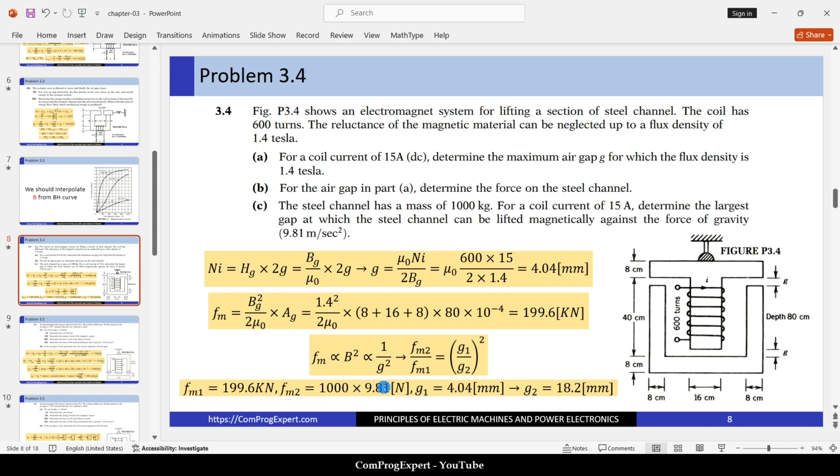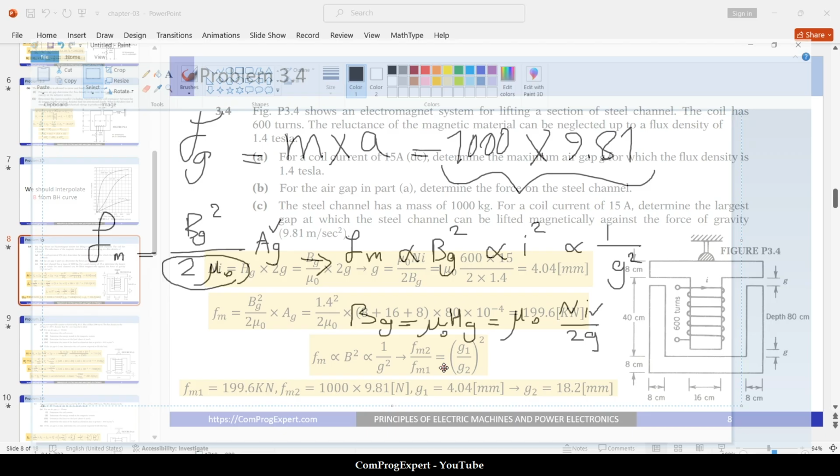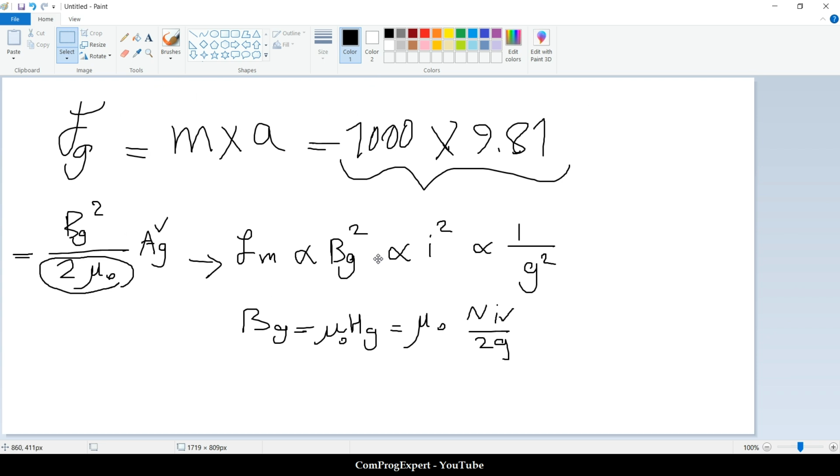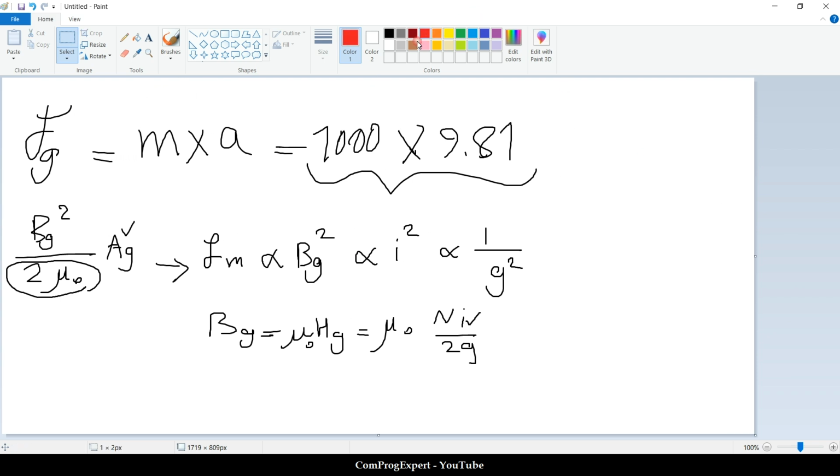So what is the value of the force here? 9.81 kilonewton, yes, for the second case. This is 9.8 kilonewton.